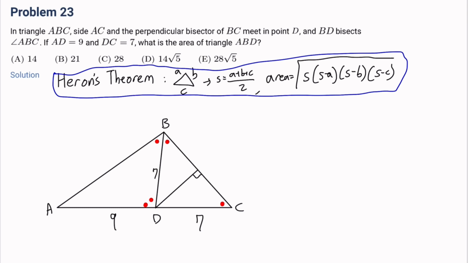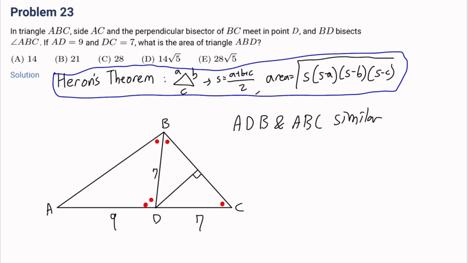Now if we look at triangle ABC and triangle ADB, they are similar, because they have one angle of 2 dots and another angle of 1 dot. So ADB and ABC are similar.